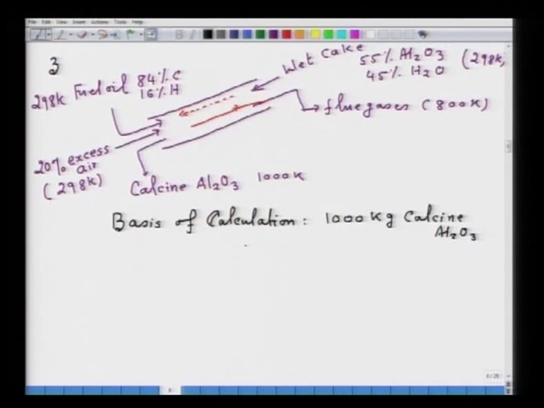Now, amount of fuel oil 200 kg is already given. Now, the various calcination reactions is 2 aluminum OH3, that is equal to Al2O3 plus 3H2O. This is the calcination reaction.